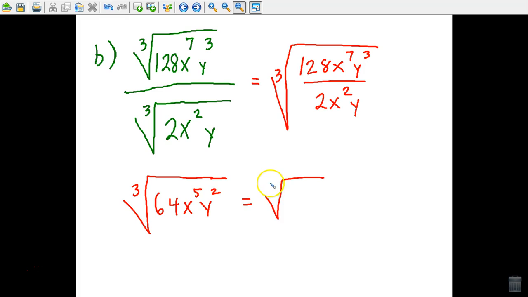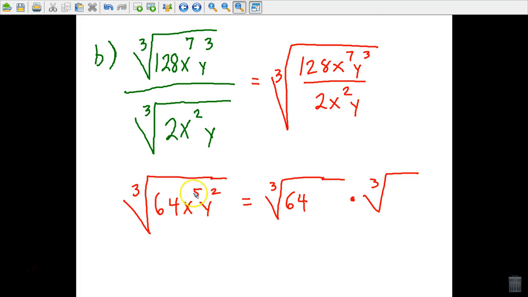Let's think of two cube root factors that would multiply together to equal this, but again, the key is using a perfect cube root expression that simplifies. As it turns out, 64 is a perfect cube number, so I'm going to put it with the group that I call the perfects.